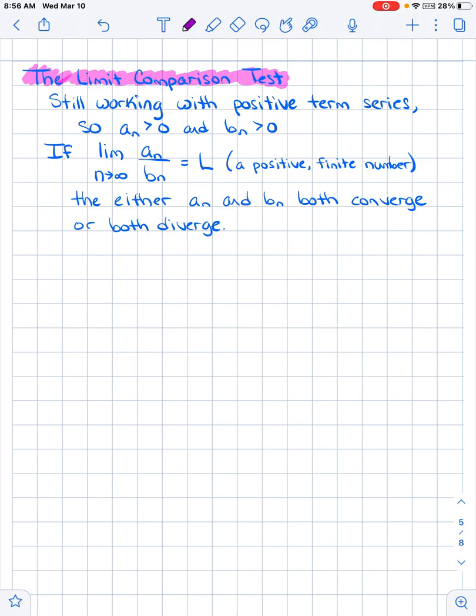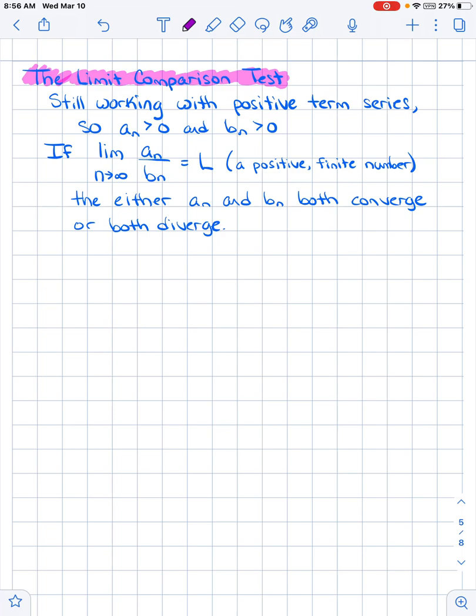If the limit of the ratio of those two series equals some positive finite number, that means these two series are growing at the same rate, and they only differ by some constant. So that means overall their growth is similar.